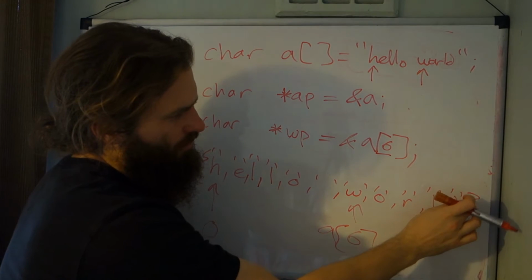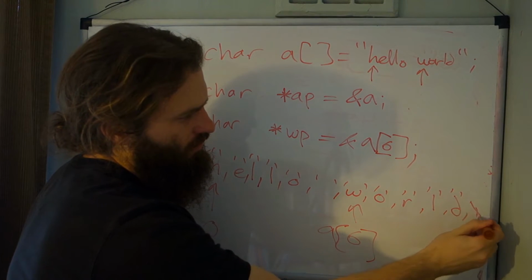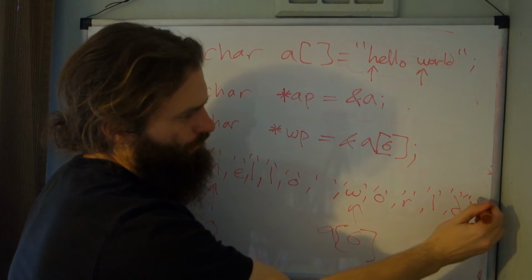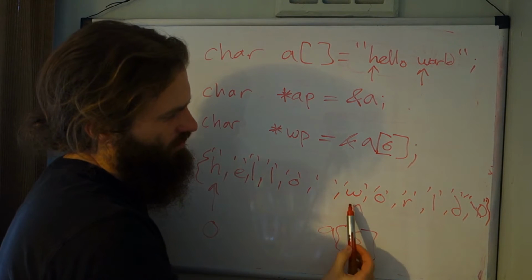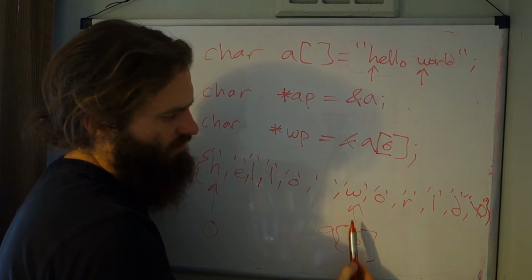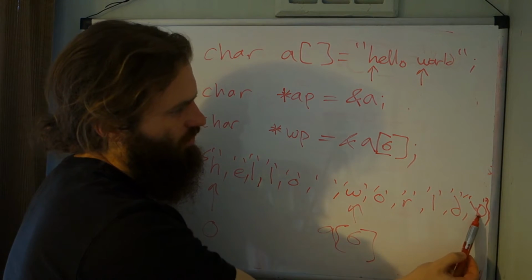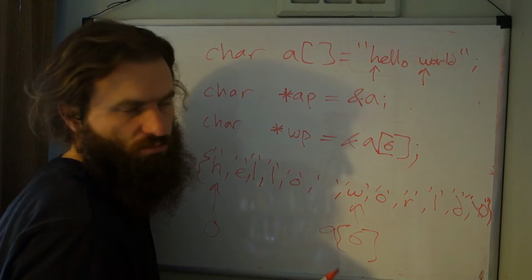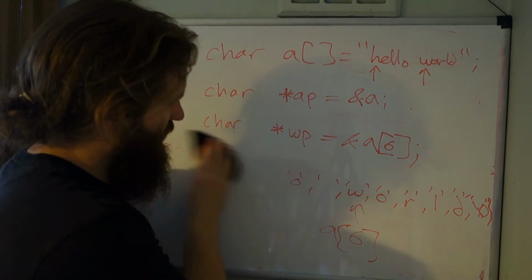But sorry, I meant to put a null terminating character there. So we've got our 0 here. Because our null termination is there, if we pass in this address, whatever function is processing it is just going to go along until the null termination.